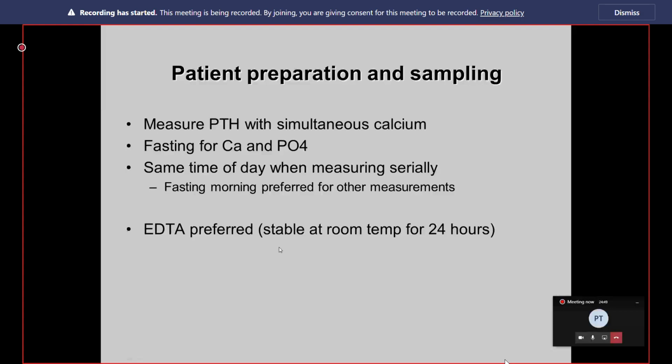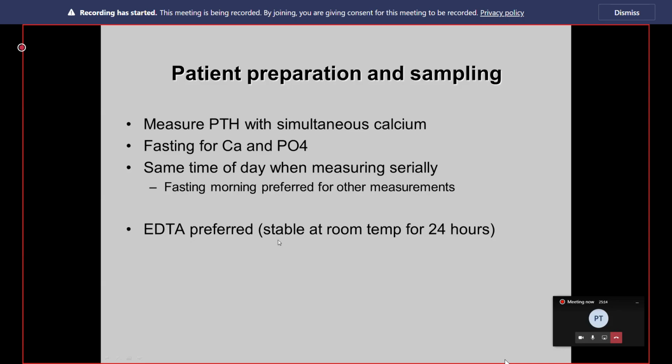Calcium cannot be measured on the EDTA sample, whereas if you take a serum sample, calcium can be done on the same sample. However, because of sample instability, the sample needs to be processed or frozen within 4 hours for PTH. Otherwise, PTH is degraded in serum.